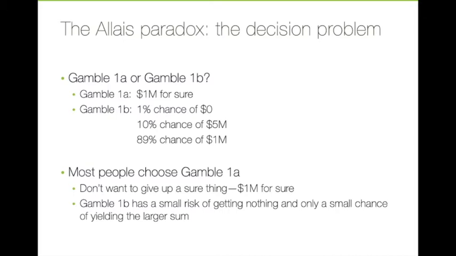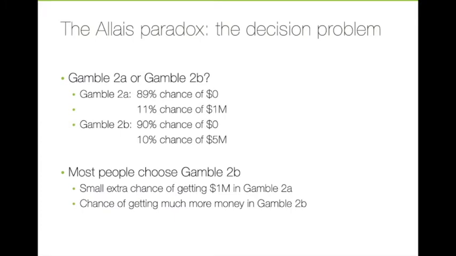In response to the first choice between 1A and 1B, most people choose the first gamble, 1A. They reason that they don't want to give up the 1 million for certain for only a small chance of getting the larger sum of money and that risk of getting nothing.